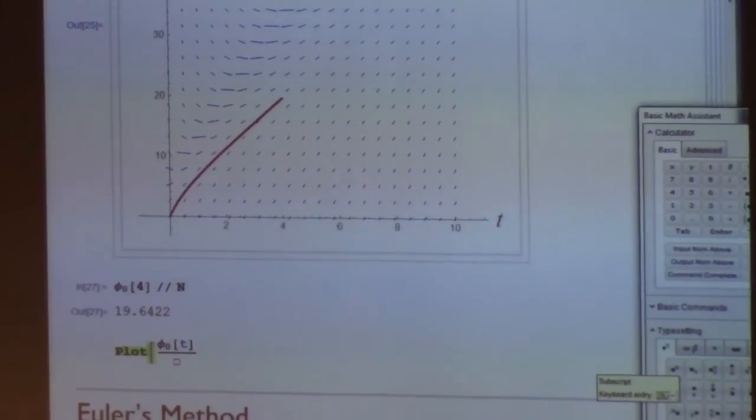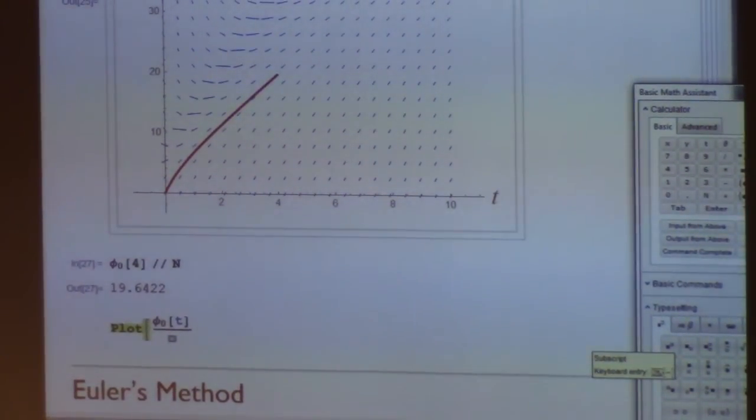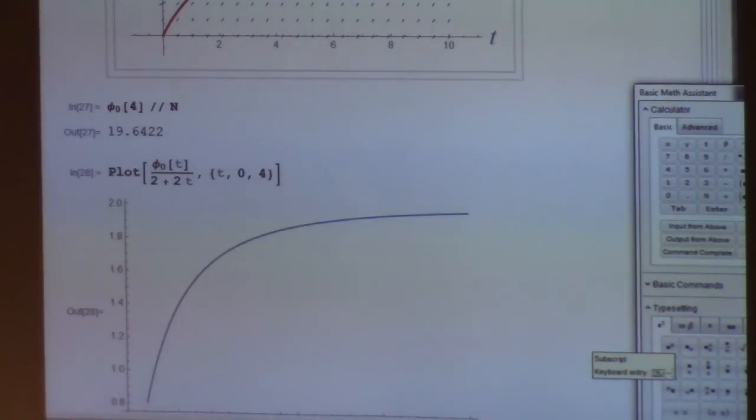If I divide the amount of salt by the volume of salt water in the vat, 2 plus 2t, that's a function that represents the concentration in grams per liter. And that's heading toward a horizontal asymptote if you let t go to infinity, at least 2 grams per liter.